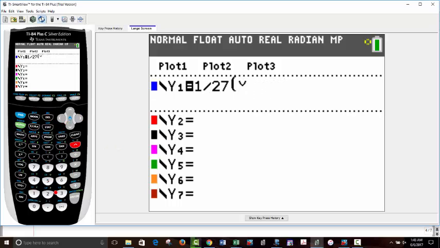So there we go. So I can go back to my y equals, and I'm trying to get to negative 11.